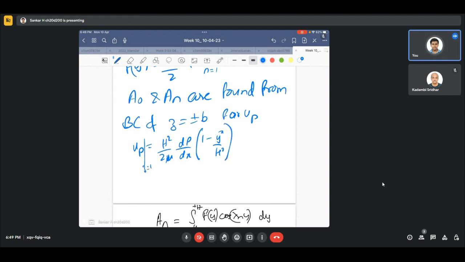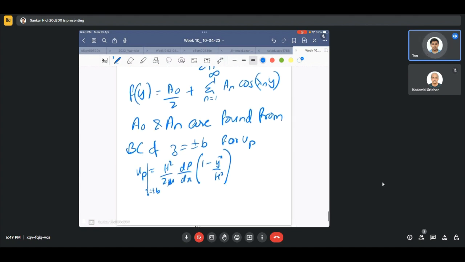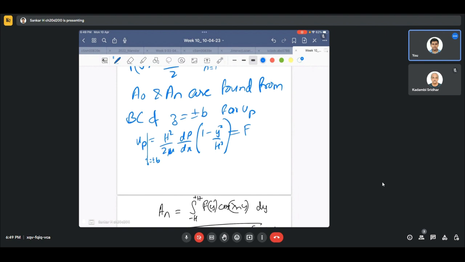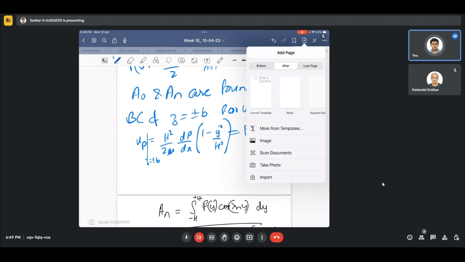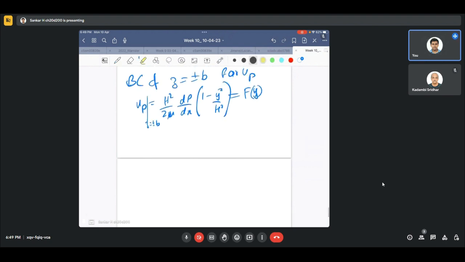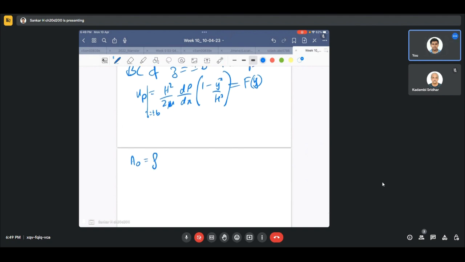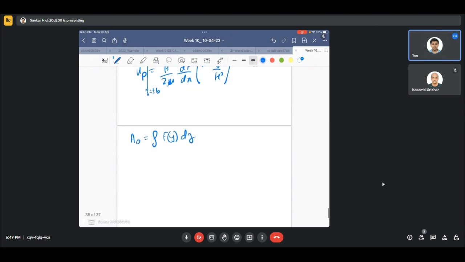I am calling this f of y, and we are using this equation to find the constants a naught and a n, where a naught is given by the integral of f of y dy, from minus h to h, as this function is only defined in this interval. Beyond that, it's all zeros. And a n is given by the integral from minus h to h of f of y into cos lambda n y dy.